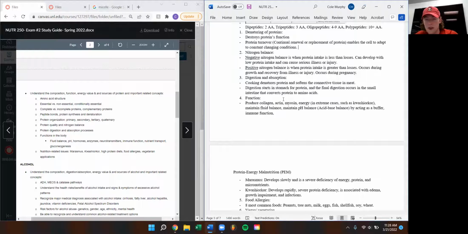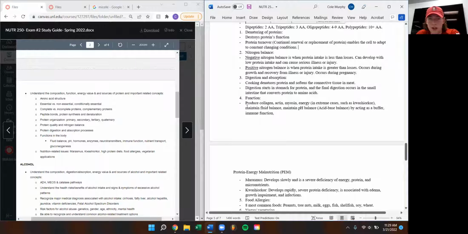There's nothing acidic enough to start breaking down the protein until it gets into the stomach. Then the final digestion occurs in the small intestine, where the whole protein strand, the polymer, is broken down into its monomer, the amino acid.